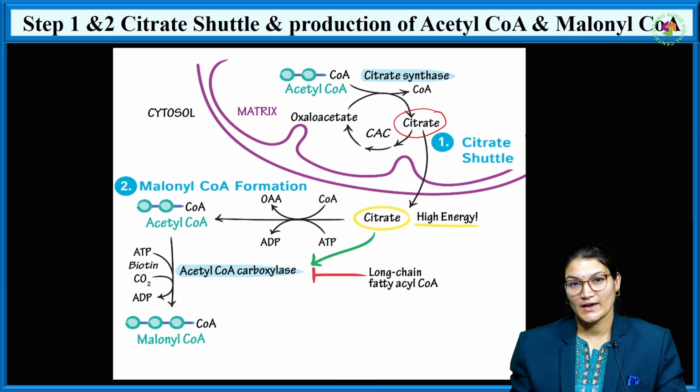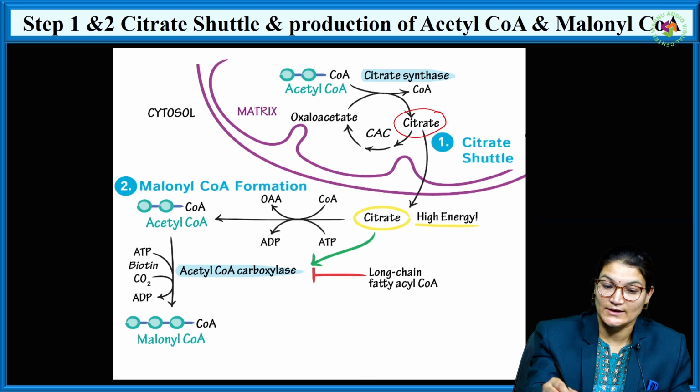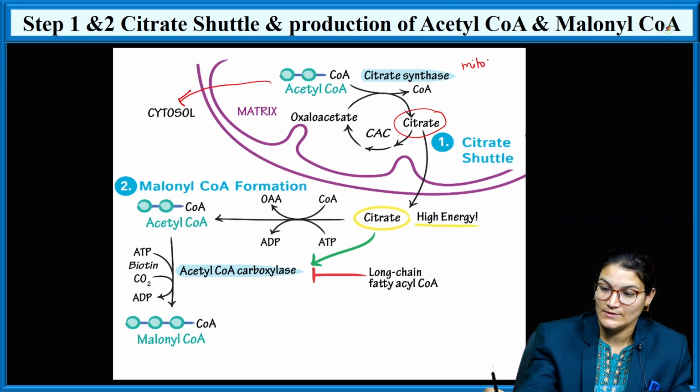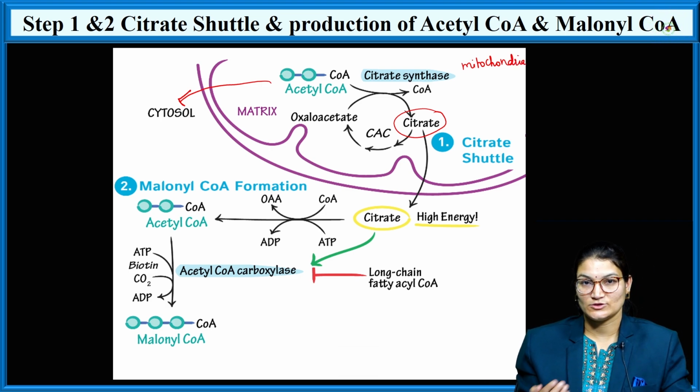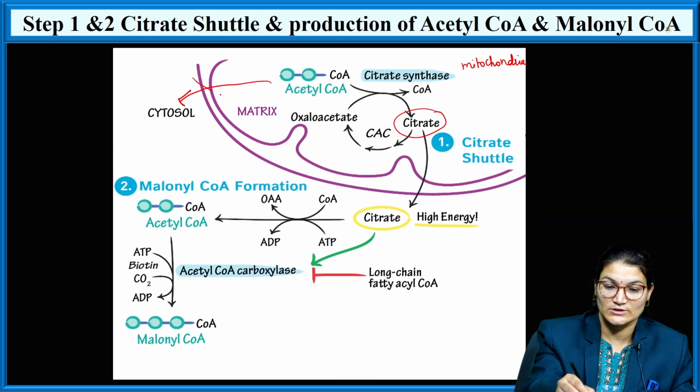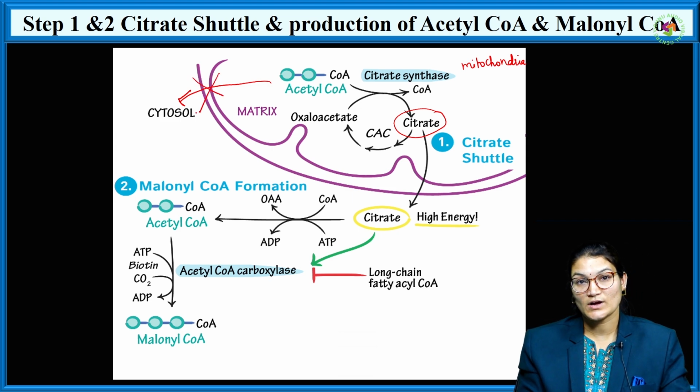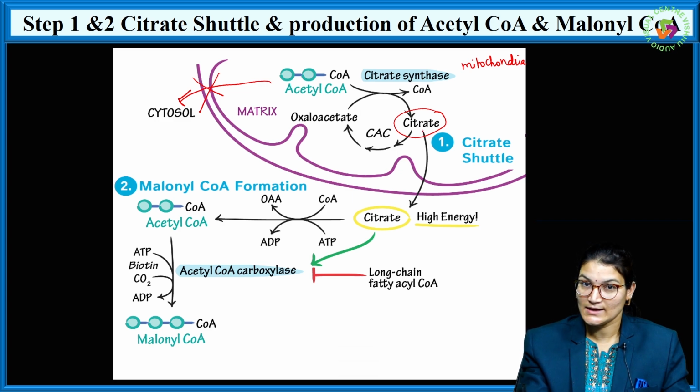Acetyl coenzyme A cannot enter from the mitochondria into the cytosol directly. So it has to convert into a soluble form, that is citrate, which can easily enter from mitochondria to the cytosol.